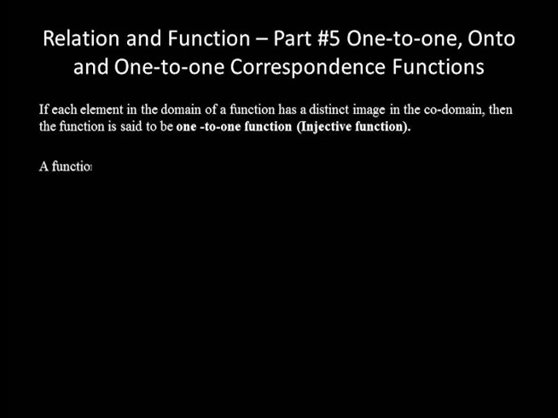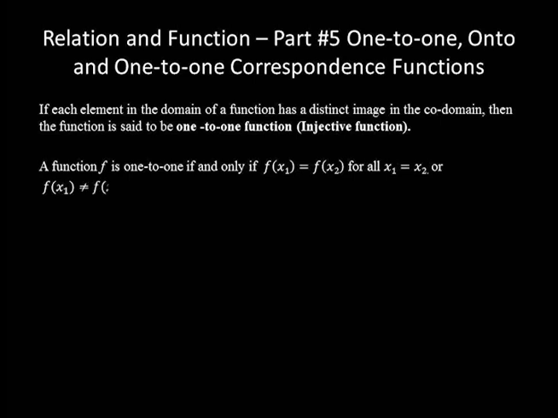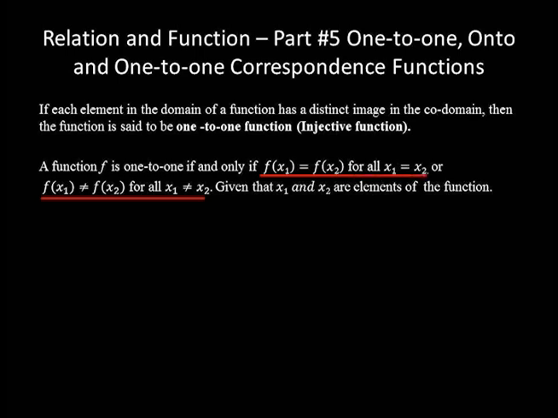A function f is one-to-one if and only if f(x1) = f(x2) implies x1 = x2, or x1 ≠ x2 implies f(x1) ≠ f(x2), given that x1 and x2 are elements of the domain. These two expressions are one and the same.